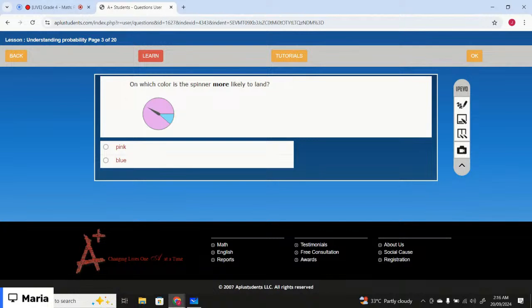Which is the correct option? The correct option is pink. Option number one is the correct option.